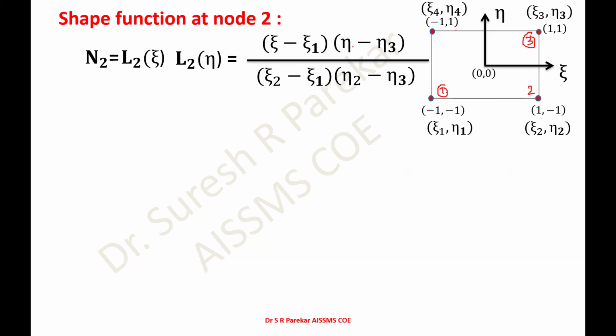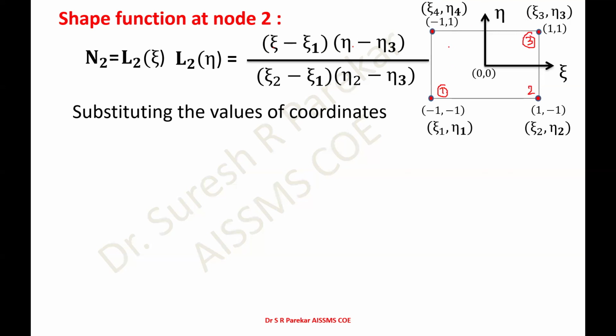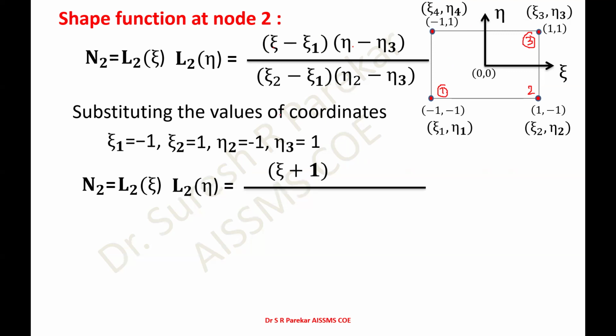Now we have to substitute the values of zeta 1, zeta 2, eta 2 and eta 3. Zeta 1 is minus 1, eta 2 is minus 1, zeta 2 is 1 and eta 3 is 1. From this we will get zeta. Now zeta 1 is minus 1, so minus of minus 1 we will get plus 1 plus zeta.